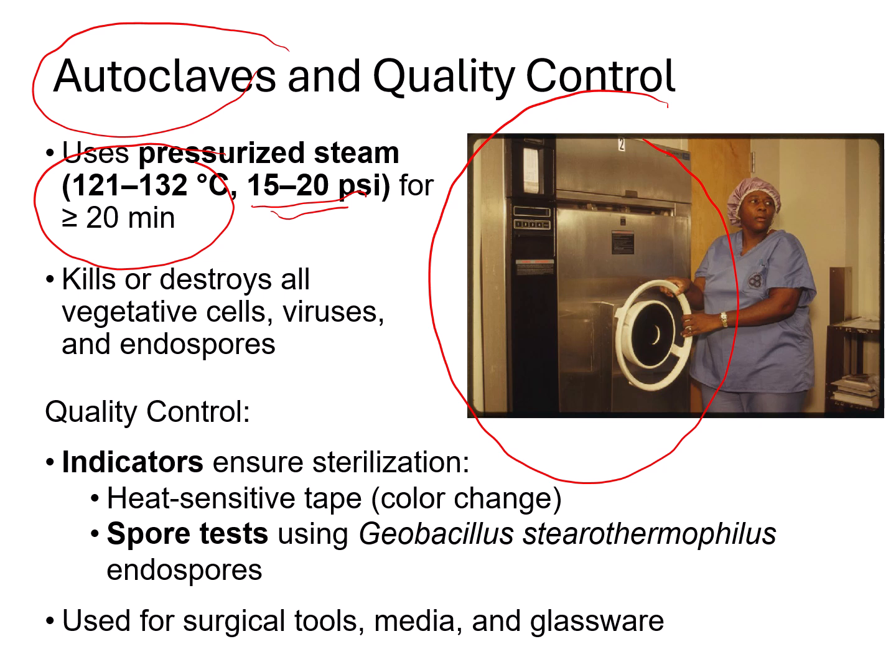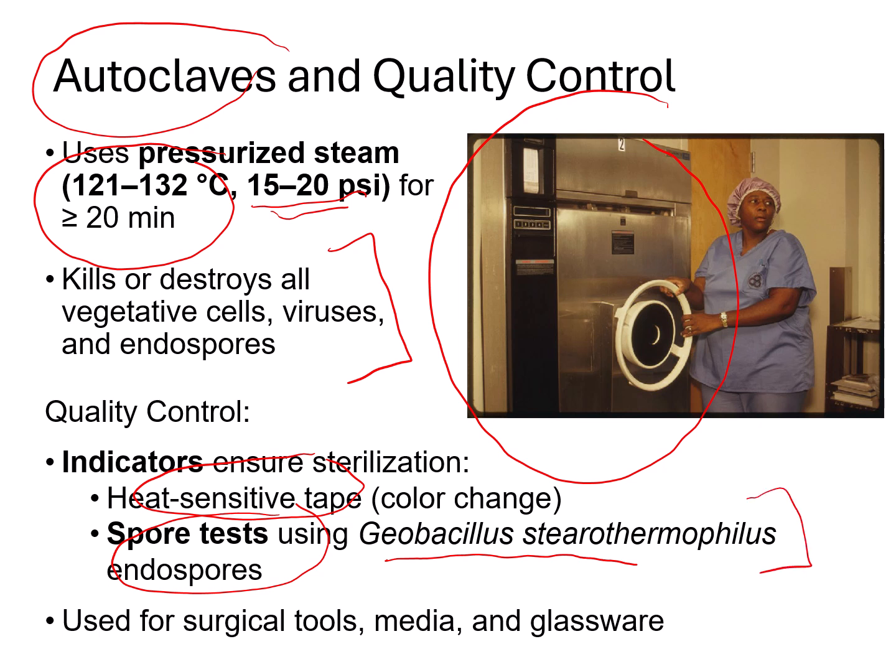This combination kills all vegetative cells, destroys viruses, and even endospores. And to ensure each cycle is actually successful, we'll either use heat-sensitive tape, which changes colors when it reaches the proper temperature, or biological indicators such as Geobacillus stearothermophilus endospores, which confirm true sterilization.